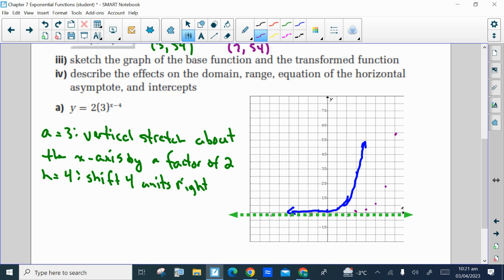So because the graph didn't shift up or down, the asymptote hasn't changed. And there's our new graph.